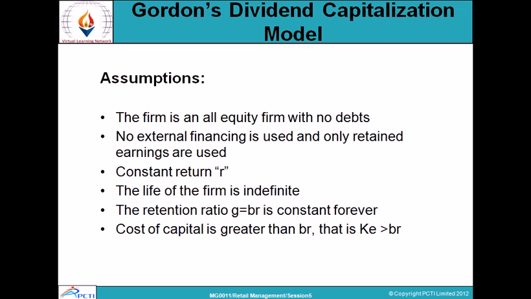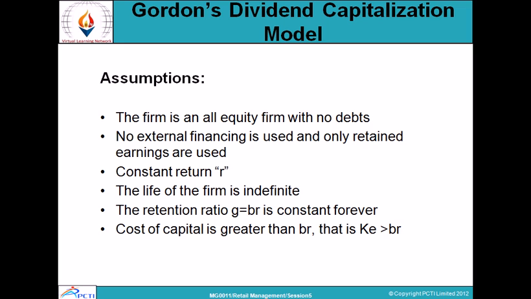In Gordon's dividend capitalization model, the first assumption is the firm is an all equity firm with no debts. It is not possible that the firm will not have any debt. Second, external financing is absolutely nil. That means there is no external financing and only retained earnings are used. Third is constant return.